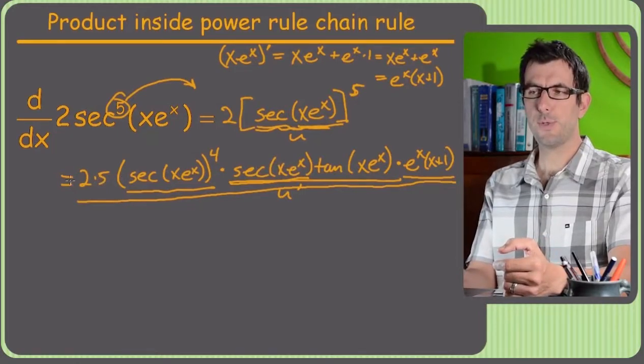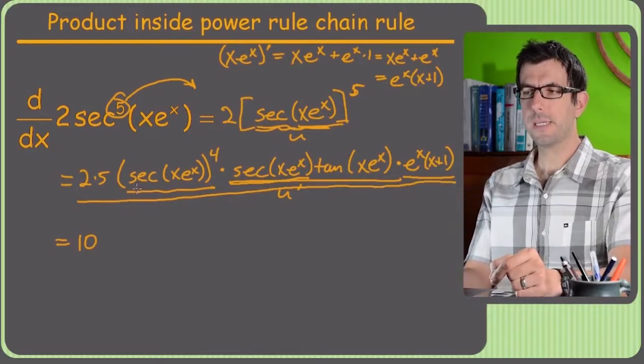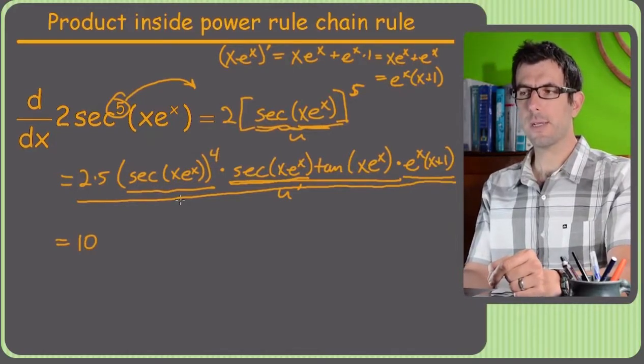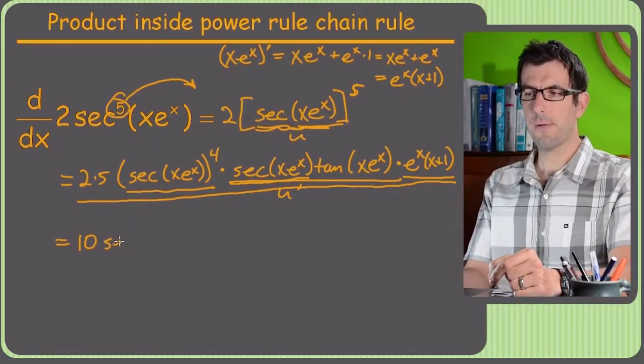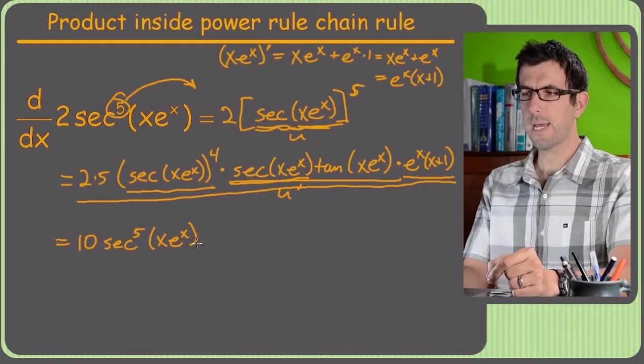And I've also got a 2 times 5, which should be a 10. So I'll do the 2 times 5 is 10. Then my secant to the 4th power times secant to the 1st power is going to give me a secant to the 5th power. And then I've got a tangent of x e to the x.